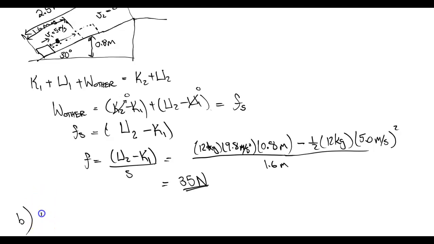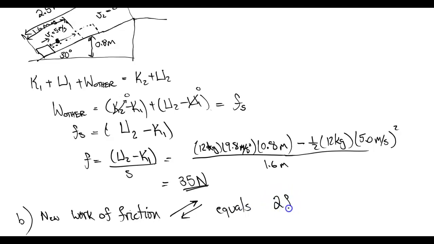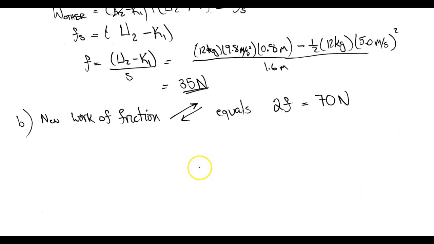the new work of friction, which is for going up the ramp and coming back down, equals 2 times F, which is 70 newtons, right? Because there's 35 going up and 35 coming down.